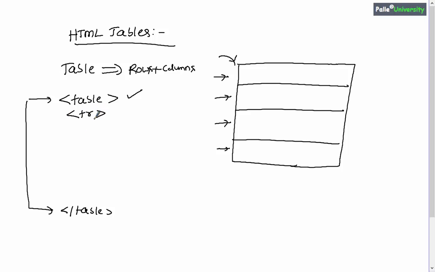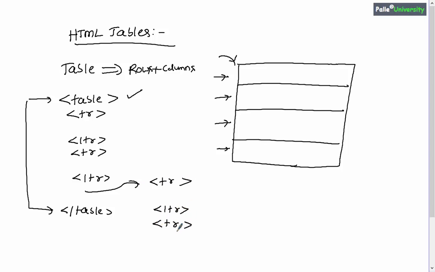So 4 trs are required, something like this. tr, end tr, and again, because of space constraint, I am showing the remaining rows here. One more row and one more row. This is how you create the rows.